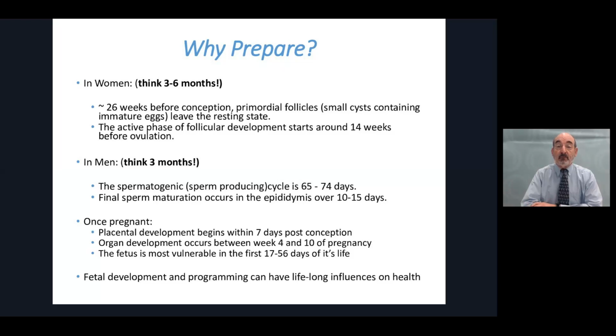So avoidance of certain environmental factors can make a great difference for both men and women. So we generally like to say, think at least 3 months in advance and begin to plan and establish lifestyle habits that are healthy for fertility prior to conception. But realize that this is not always possible, but it's certainly a goal that we'd love to achieve.